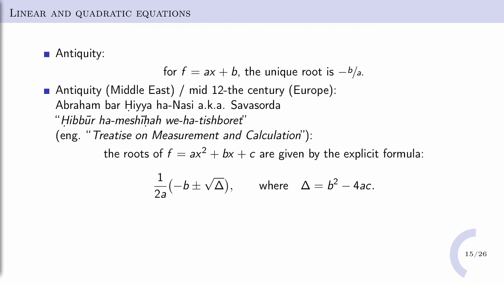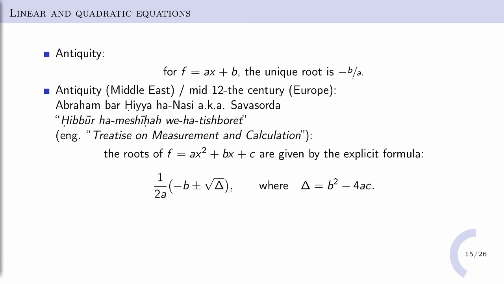It was brought to Europe through the Arabic mathematicians, and probably the oldest European appearance of this formula was in the 12th century in the Latin translation of the Savasorda treatise on measurements and calculation.